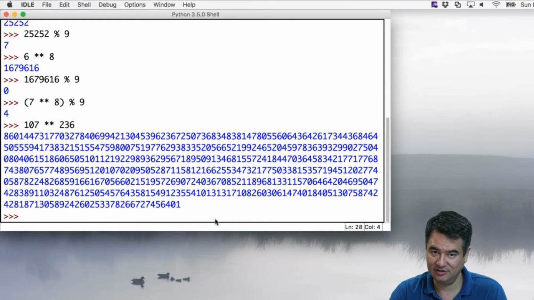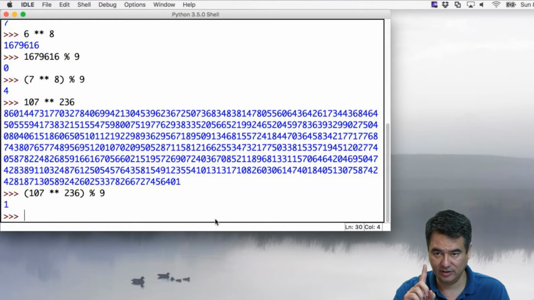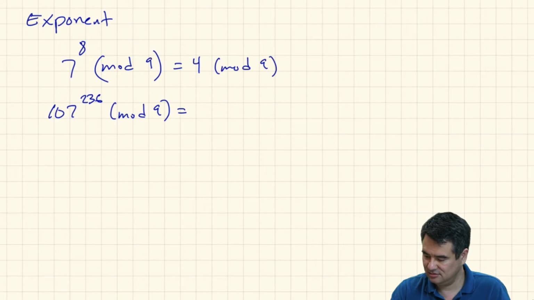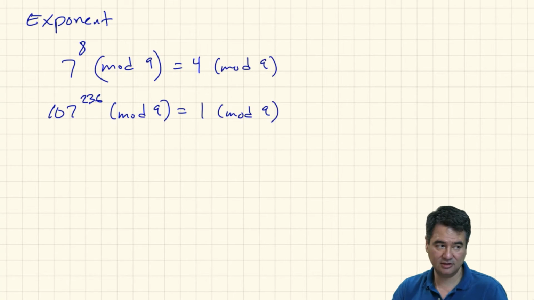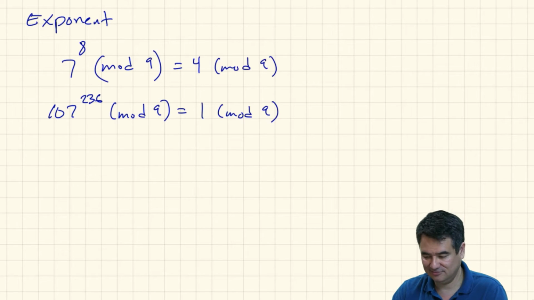Okay, that's a big number. But 107 to the 236 mod 9 comes out to be 1. So the answer is just 1. So this big number is just 1 more than a multiple of 9, turns out.